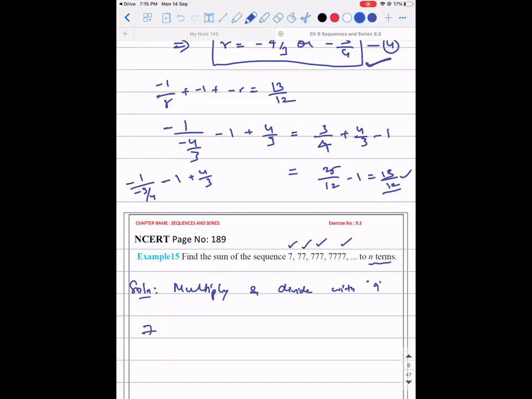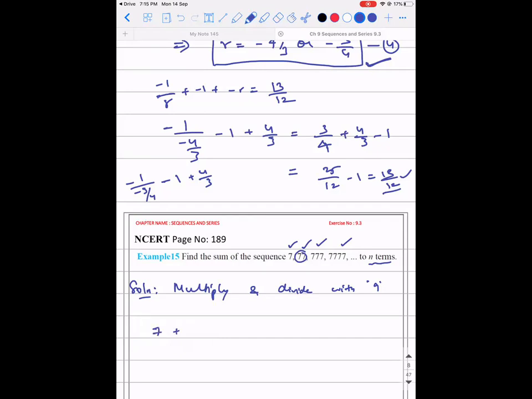When you multiply and divide with 9, what do you get? 7 divided by 9 into 9 plus 99... Wait. Since they are asking the sum, I'll show you how to do it.